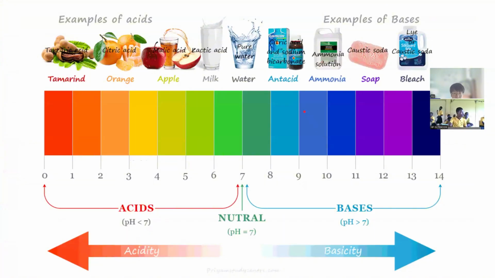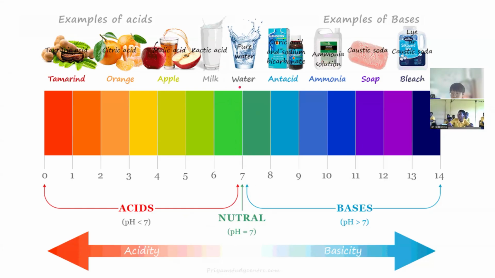So here are some examples of acids and bases. You can see a lot of things, maybe you guys can notice. In the middle, we have water. Water is exactly in the middle, so it's called neutral.